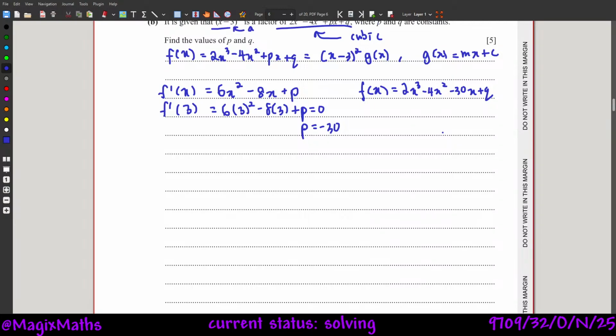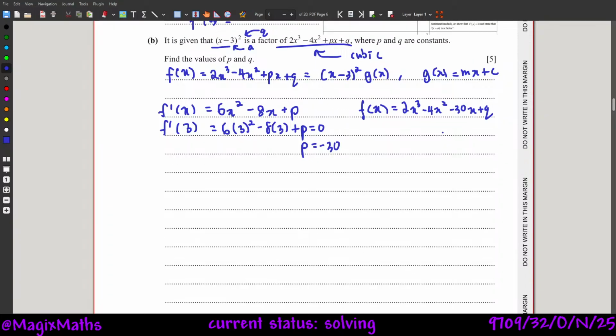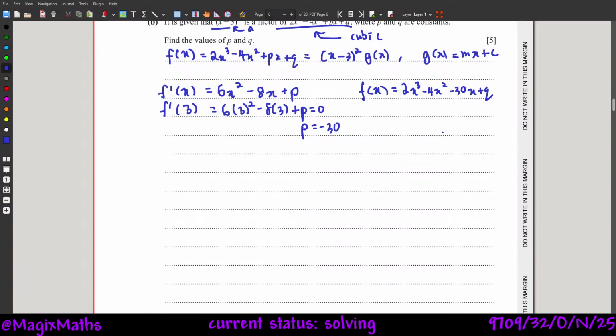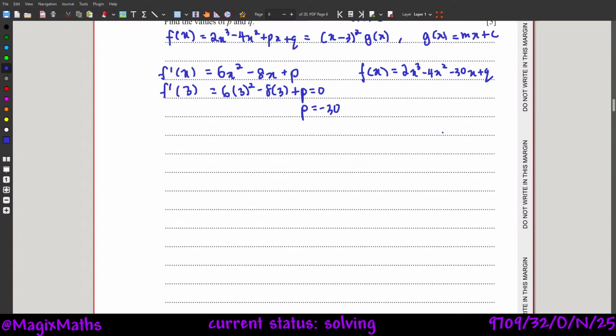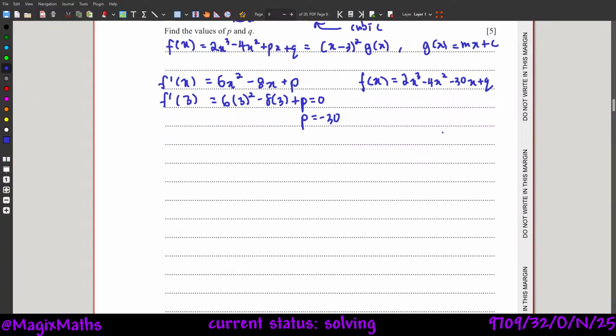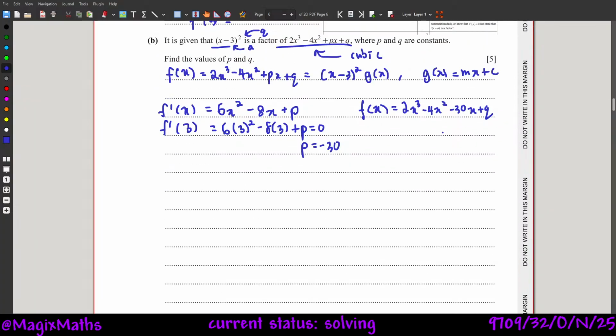Now let's see, what else can we do to find the value of q? Now, I'll just blindly attempt a division. Yes, we'll try this method. So x minus 3 squared is equal to x squared minus 6x plus 9.